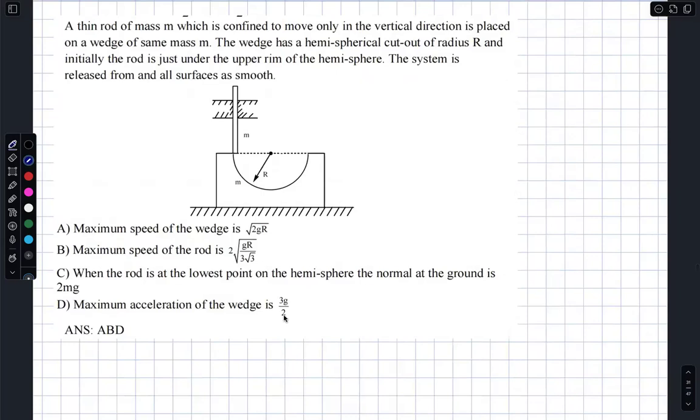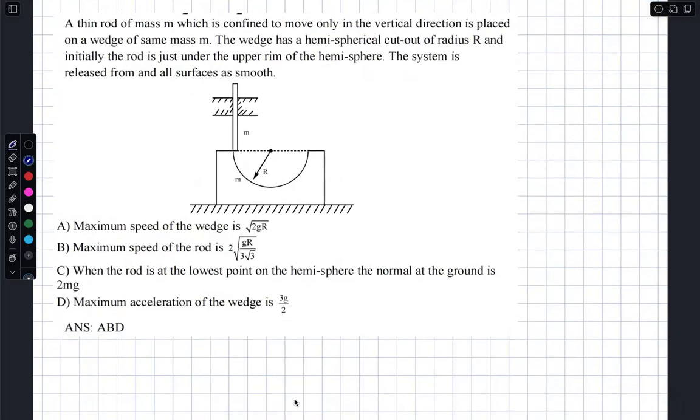Now let us work on this question. In this case, a thin rod of mass m, which is confined to move only in the vertical direction, is placed on a wedge of same mass m. The wedge has a hemispherical cutoff of radius r, and initially the rod is just under the upper rim of the hemisphere.